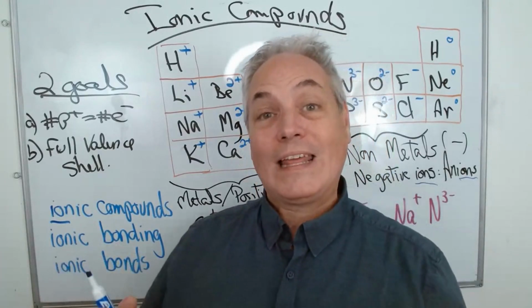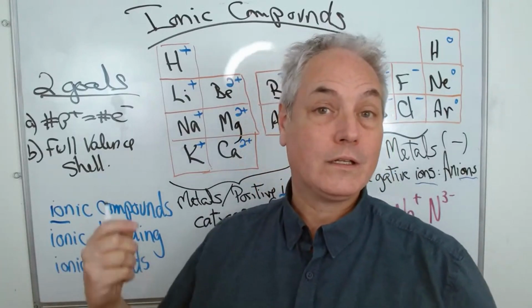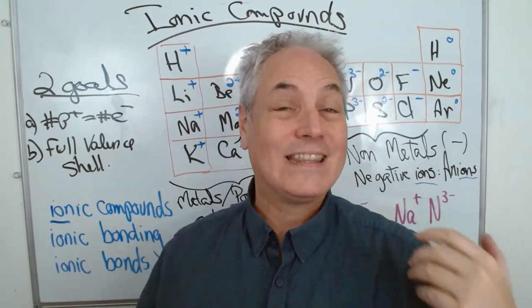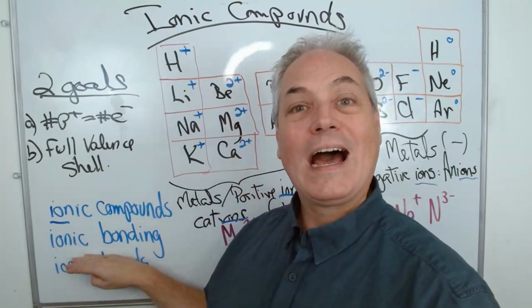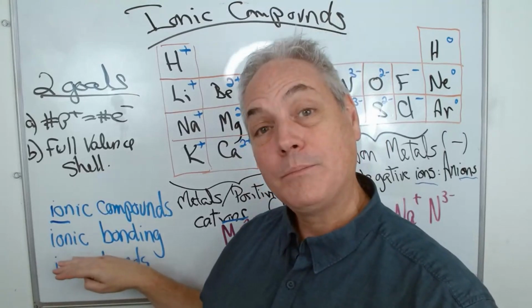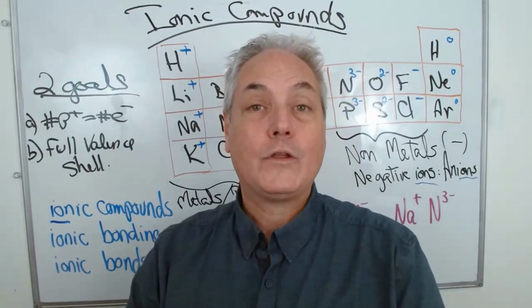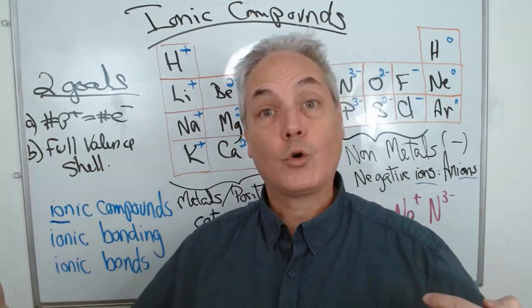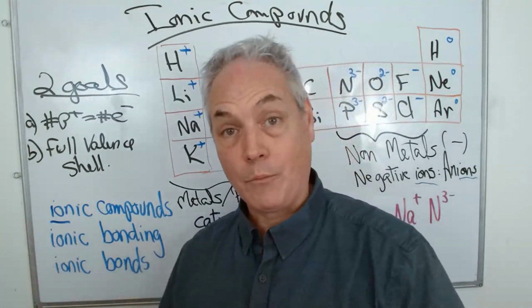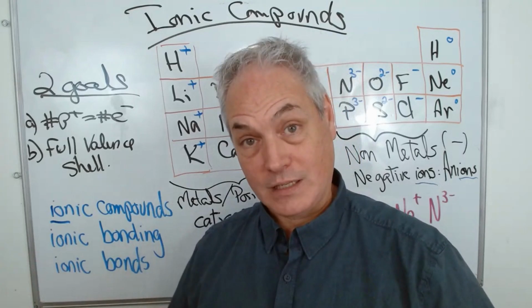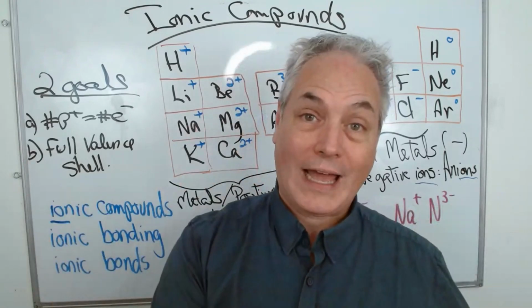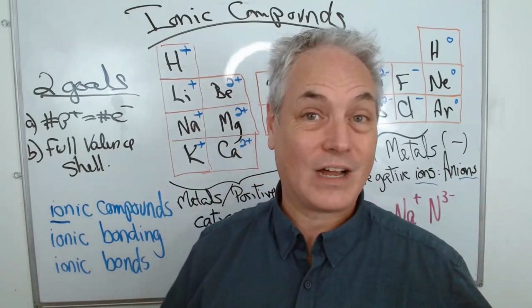Now, what is the relationship or the connection between positively charged and negatively charged particles? We have what we call ionic bonding. Ionic bonding is this activity where you have an electron or more that is transferred from one atom that becomes a positive ion to another atom that now becomes a negative ion.